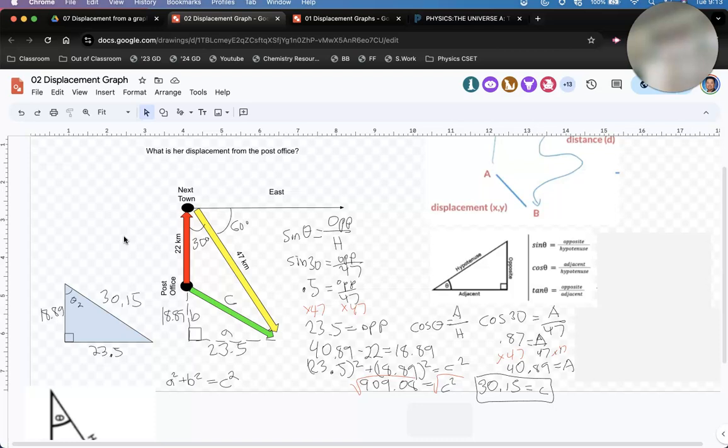We found 18.89, 23.5, and 30.15, thanks to Bradley and his classmates. The last thing I want you to find in this physics problem is the angle between south and the direction the person traveled. Because that is displacement. The displacement is the exact coordinates where the person ended up.